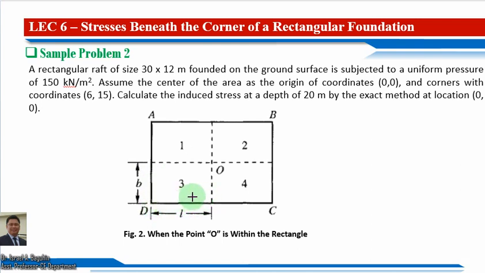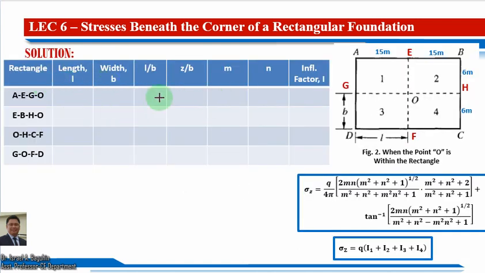Okay, so proceeding with this problem number 2, our approach is this. We have this table, and then we are going to get the length and the width, and we have also the m and n, and correspondingly we can get the value of our influence factor I.